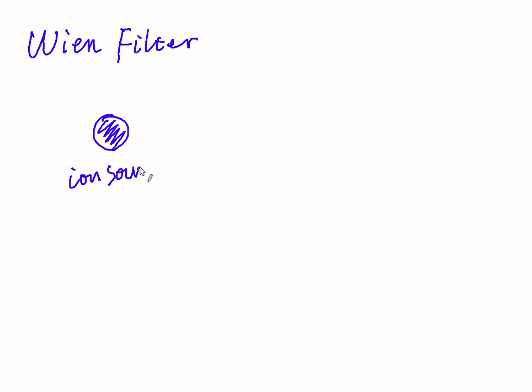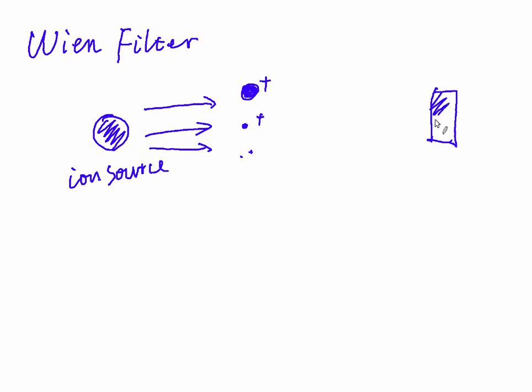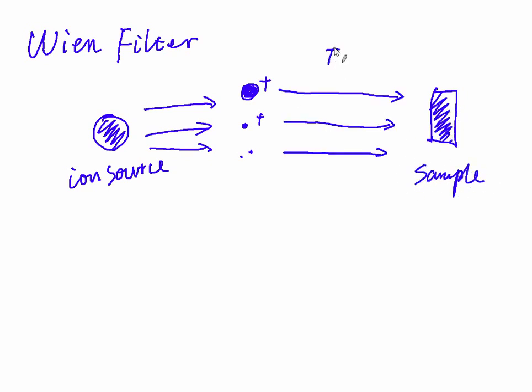The Wien filter in the SIMS instrument is to select primary ions with a certain mass. The ions generated from the ion source have different masses, so the time taken to pass through the system to the sample is different.